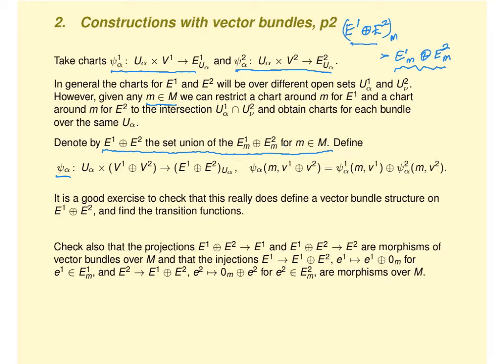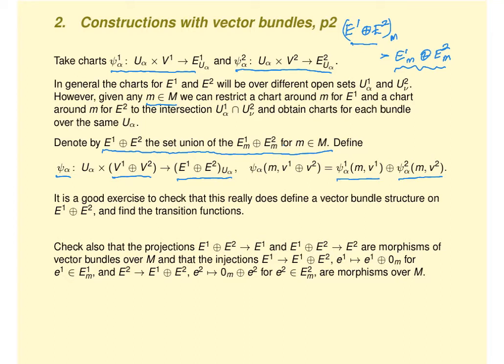In the obvious way, I take U alpha and then the product with the direct sum, V1 and V2, and I map that over to the union of all the E1M direct sum E2Ms, where M is in U alpha. And the chart, the psi alpha, is the obvious thing, that in the first coordinate it's just the psi 1 of alpha, and in the second it's psi 2 of alpha.